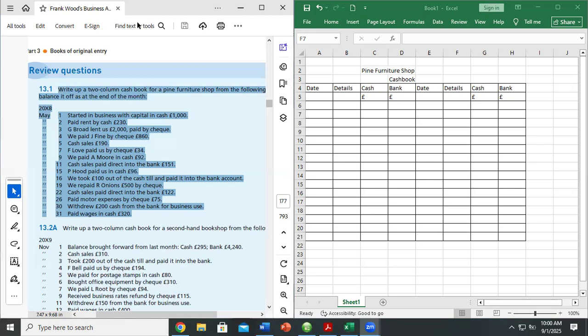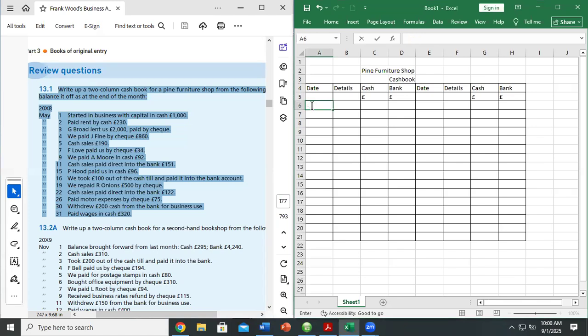Okay, so in our cash book now, right? Forget about the capital. We are not preparing the capital account. We are preparing our cash book, right? Yes, sir, please, so we debit the cash. Exactly. So you debit your cash book, right? So you put the date first, May 2008.